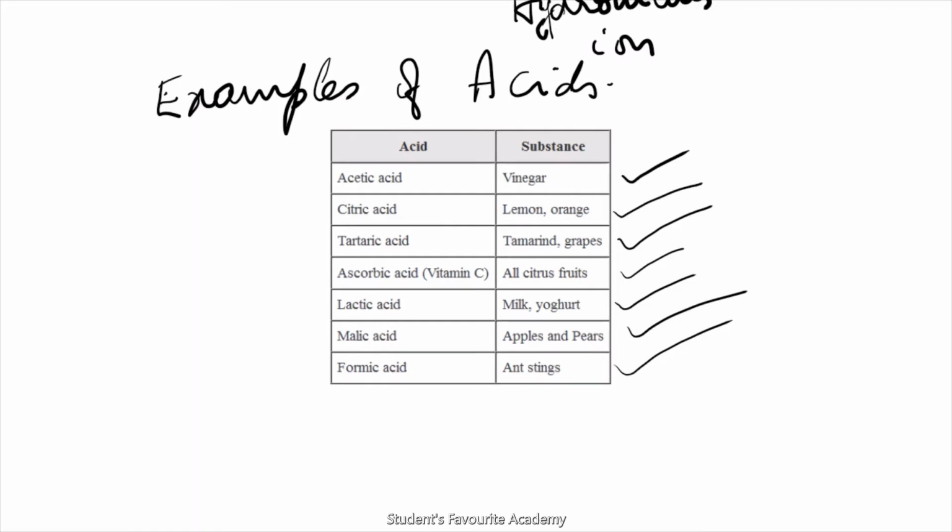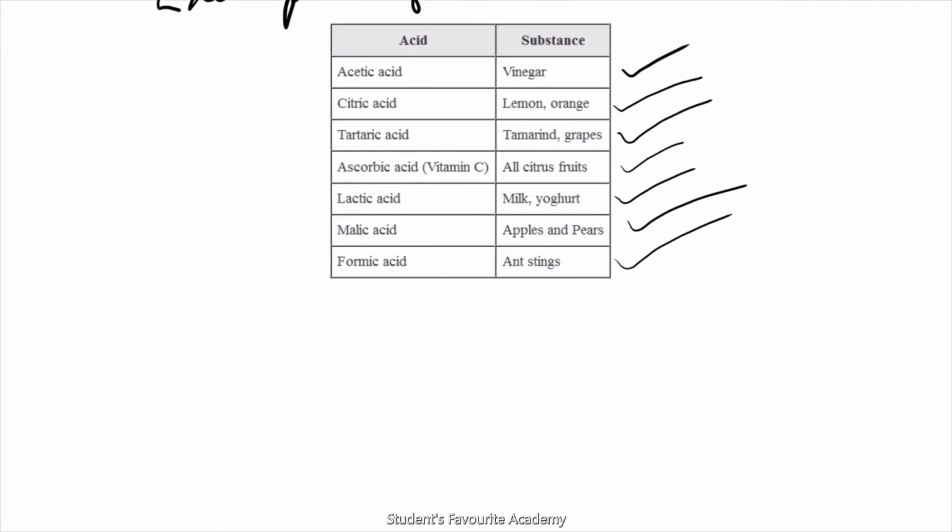So these are certain organic acids. Organic acids are acids which are found in organisms, living things or vegetable material.